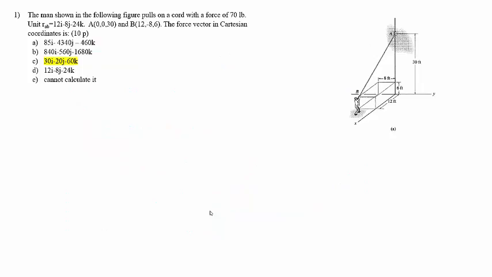This next problem is a multiple choice, very similar, but then instead of a dot product, what we have is basic multiplication. And I already gave you the force, which is 70 pounds, and this cord that he's pulling, this is from A to B. Okay, so what we have is the position vector.